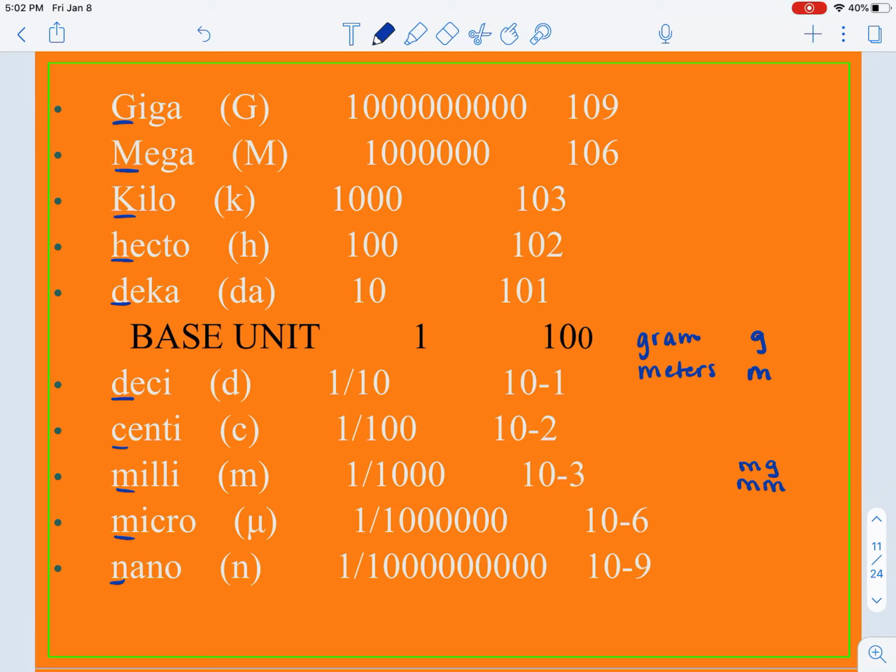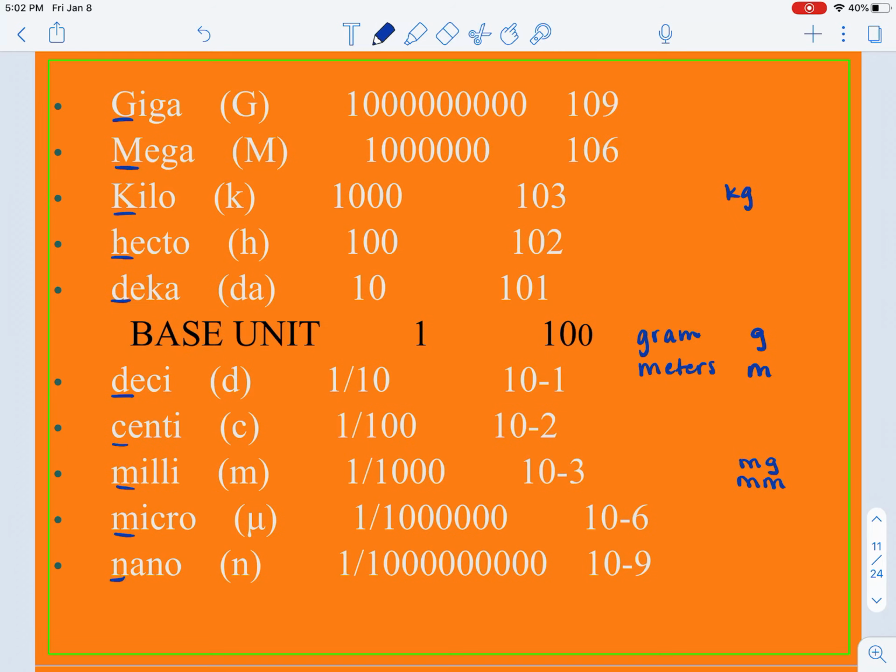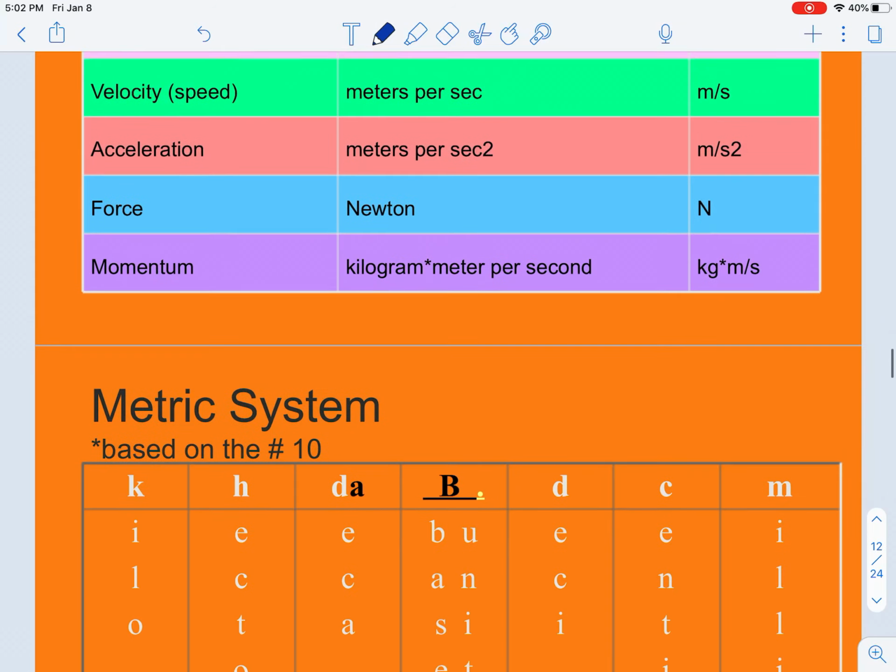Milligrams would be an MG, where this G and this M represent grams and meters, and the leading M represents the prefix milli. kg would be kilograms. km would be kilometers.